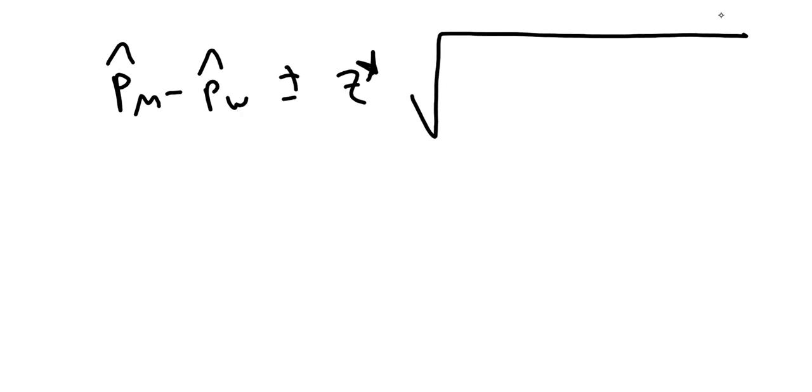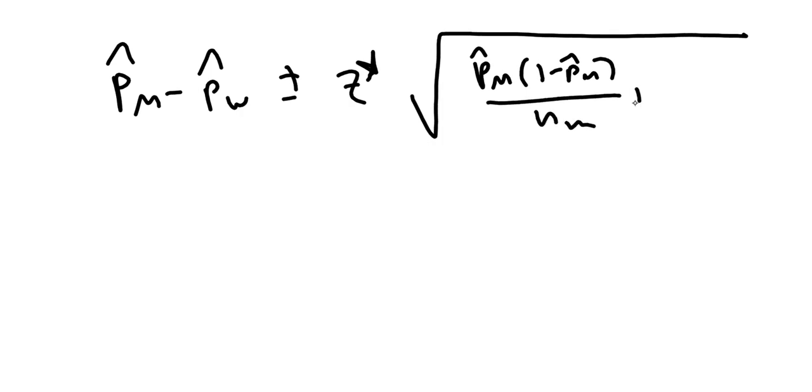So we're going to do p hat men minus p hat women plus or minus z star times the square root of p hat men times 1 minus p hat men over n men plus p hat women times 1 minus p hat women over n women.